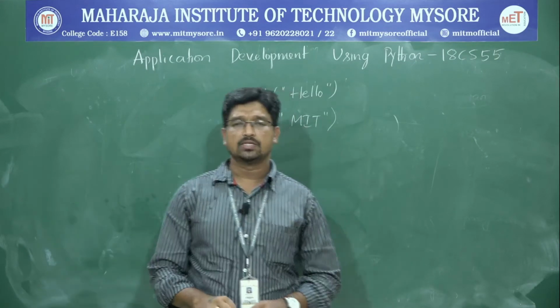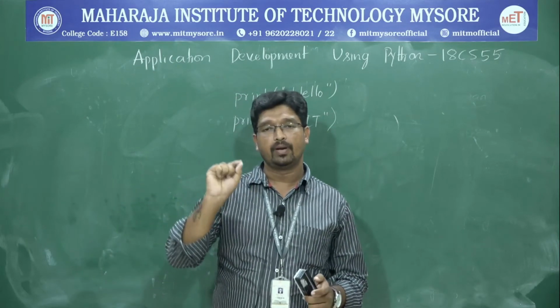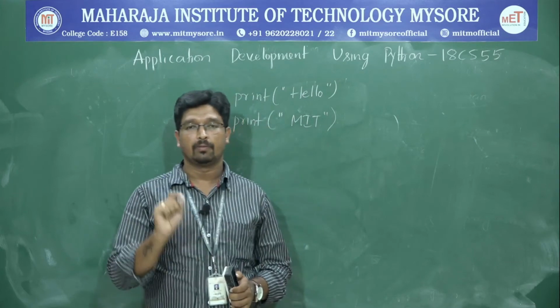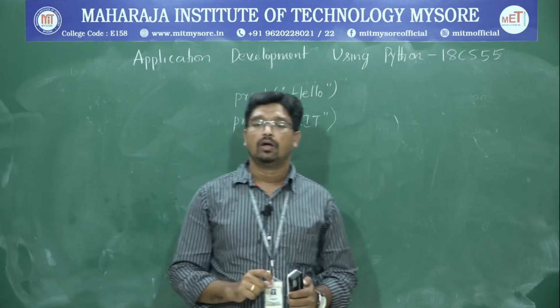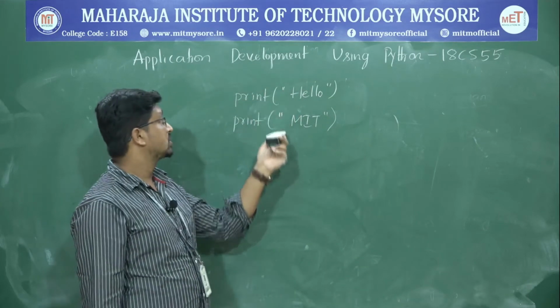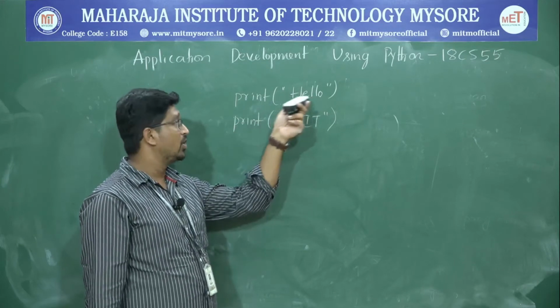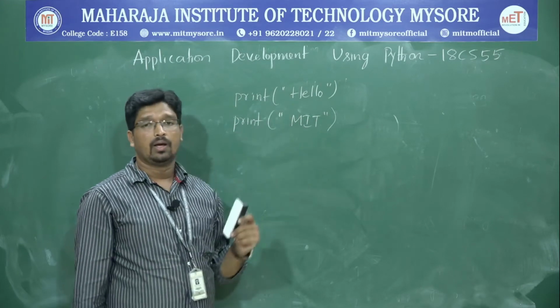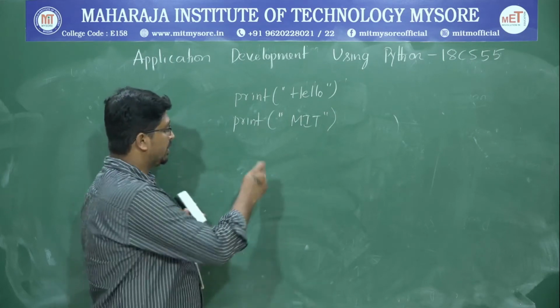Okay. Next I am discussing the keyword arguments in the print statement or print function. Let us take this example. I have two statements, print of hello, print of MIT. So what will be the output?